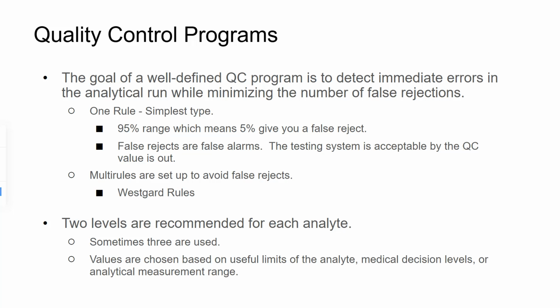Multi-rules are set up to avoid false rejects, and those are called Westgard rules, which we'll talk about in this series of videos. Two levels are also recommended for each analyte. Sometimes three are used. Values are chosen based on useful limits of the analyte, medical decision levels, or analytical measurement range.